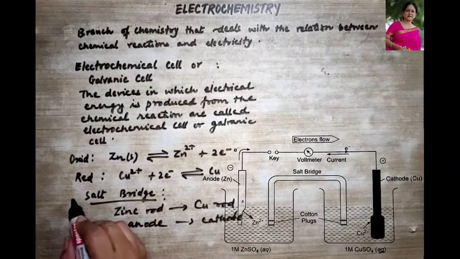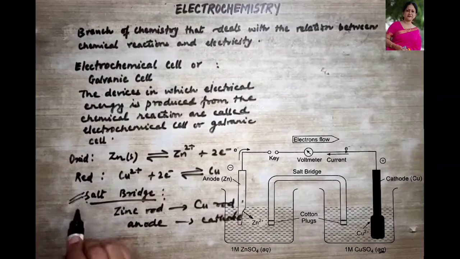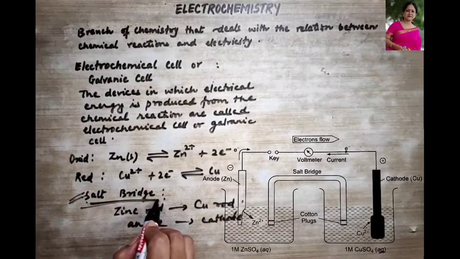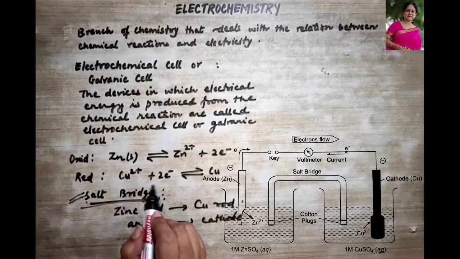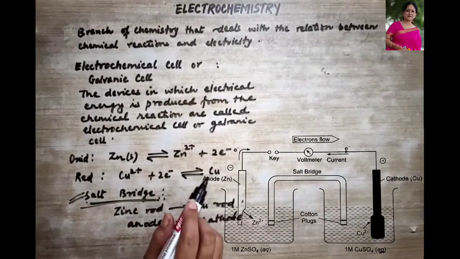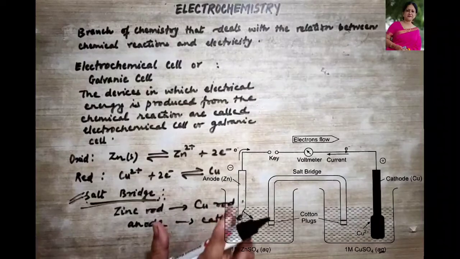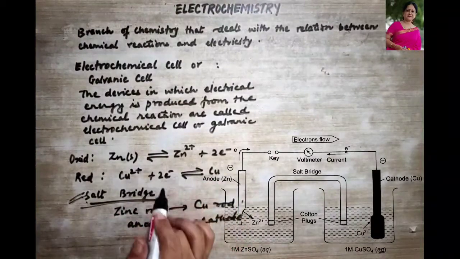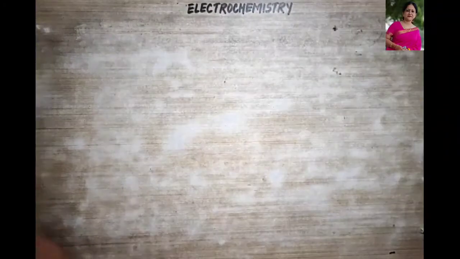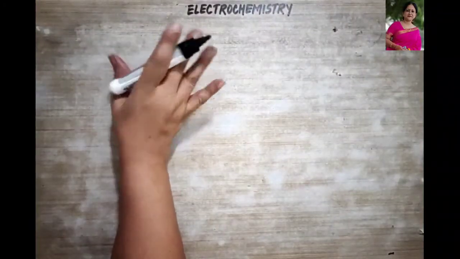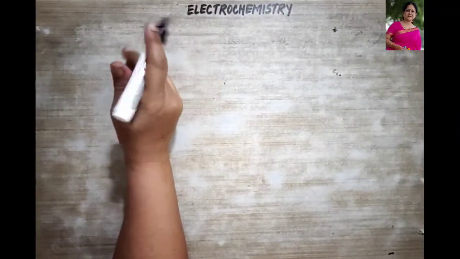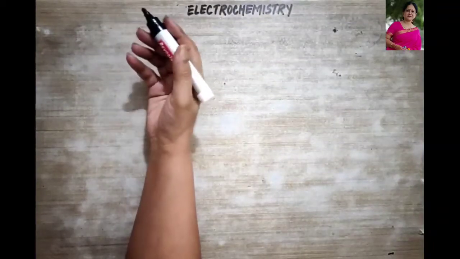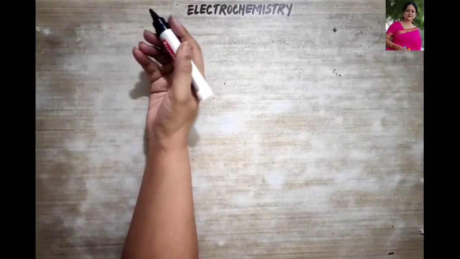Now let us understand some functions of this salt bridge. What is the function of this salt bridge? It completes the external circuit, right? It also maintains the electrical neutrality of the two half solutions. So how do we show the complete formulation of the cell, which is also called cell notation?